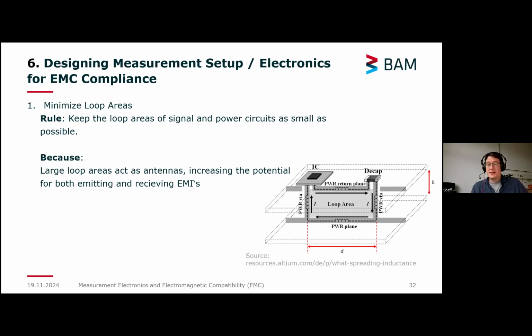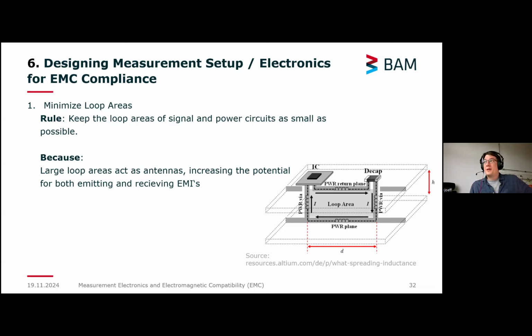It would act as an antenna, which is picking up the electromagnetic interferences even better. And to avoid them, don't build loops in your PCBs or in your electronics.